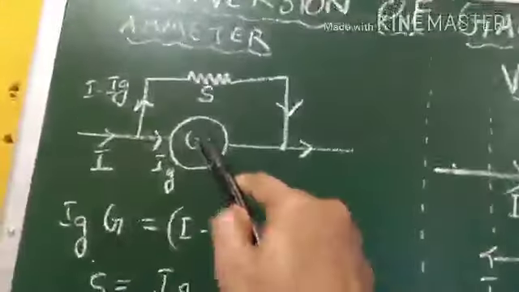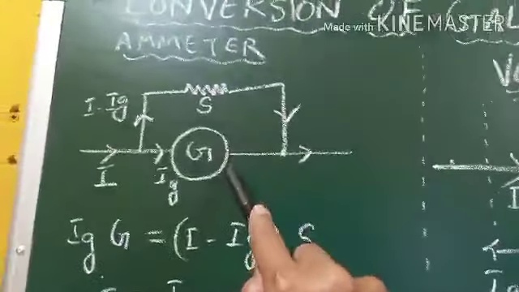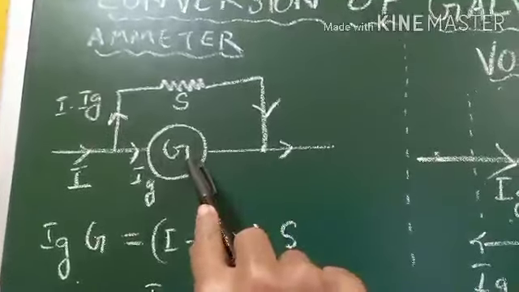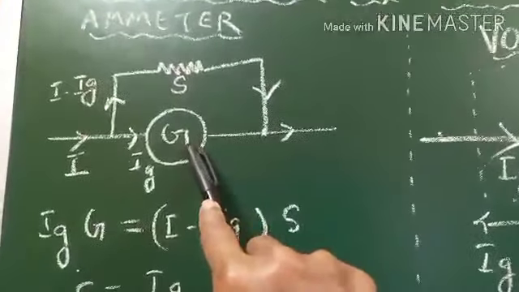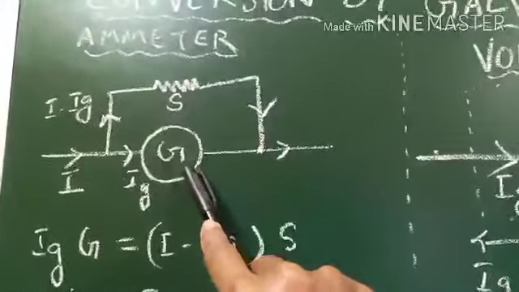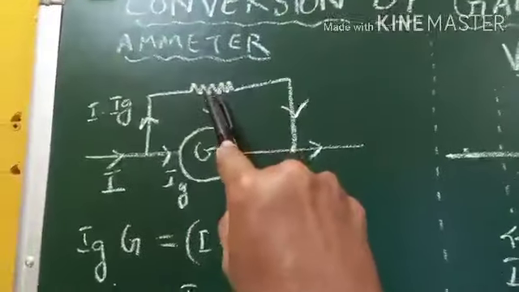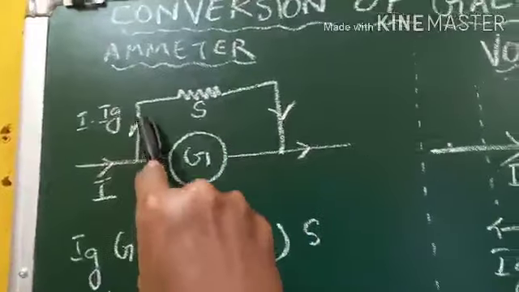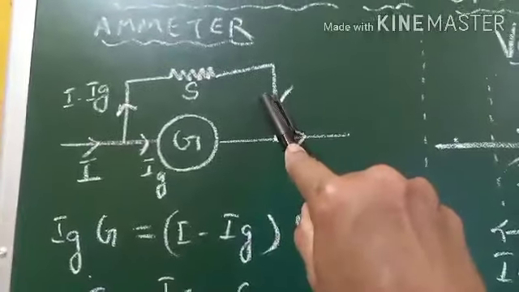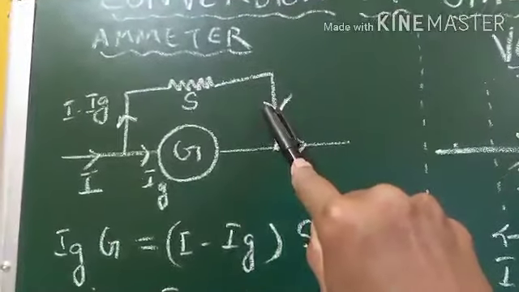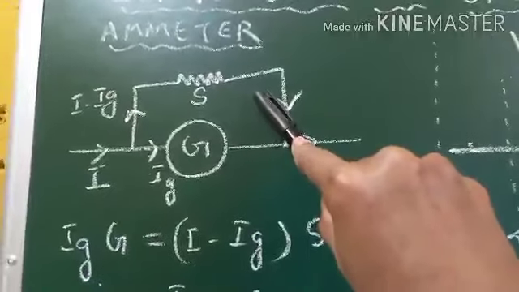Suppose this G represents the galvanometer coil. This galvanometer itself shows a very large deflection for a small current in terms of microampere. So when we want to measure a large current, a small resistance called a shunt resistance is connected in parallel with this. The resistance connected in this way is called a shunt.